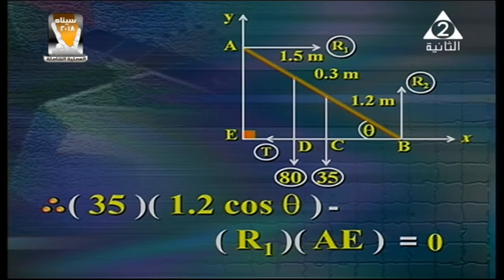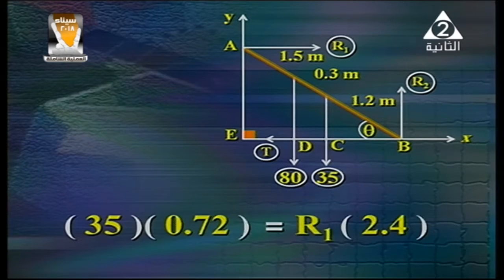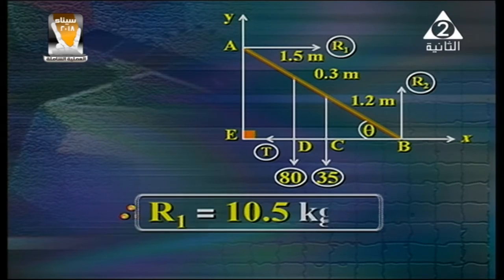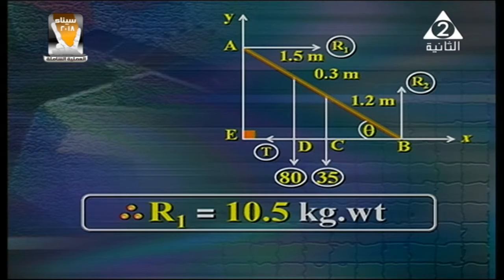Then 35 times 1.2 cosine theta minus R1 times AE equals 0. Then by substitution, with AE 2.4, the equation becomes 35 times 0.72 equals R1 times 2.4. What is the value of R1 by division? Then R1 equals 10.5 kilogram weight.